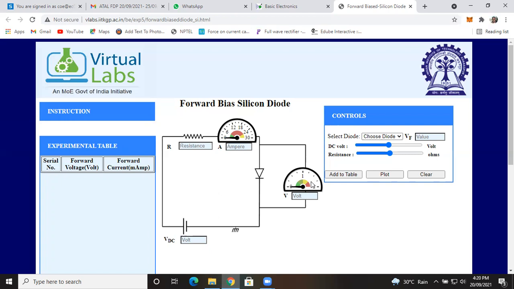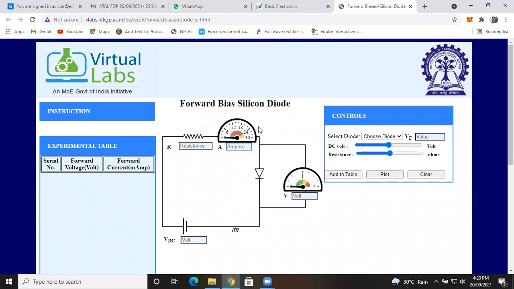As you know from the basic theory, voltage is always measured in parallel with that component. As I want to measure the voltage across the diode, the voltmeter is connected in parallel with the diode.